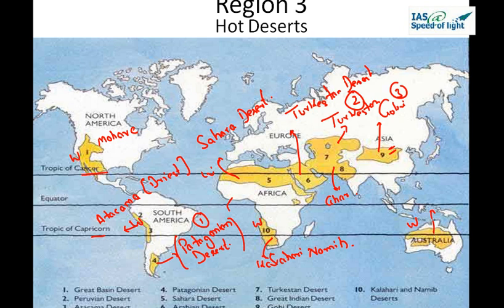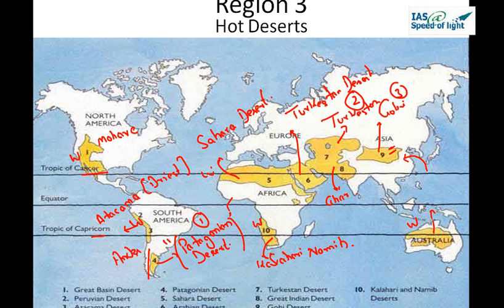So if they lie on the interior part of the continent, the first reason we can think of is that when the rain bearing winds come from the oceans, by the time they reach these places, interior of the continents, they become dry. So the interior of the continents is the reason for the temperate deserts, apart from the Patagonia desert, because this actually lies on the leeward side of the Andes mountain.